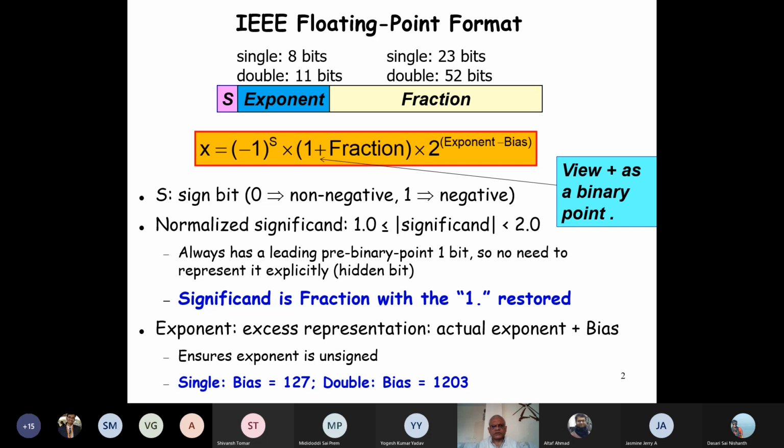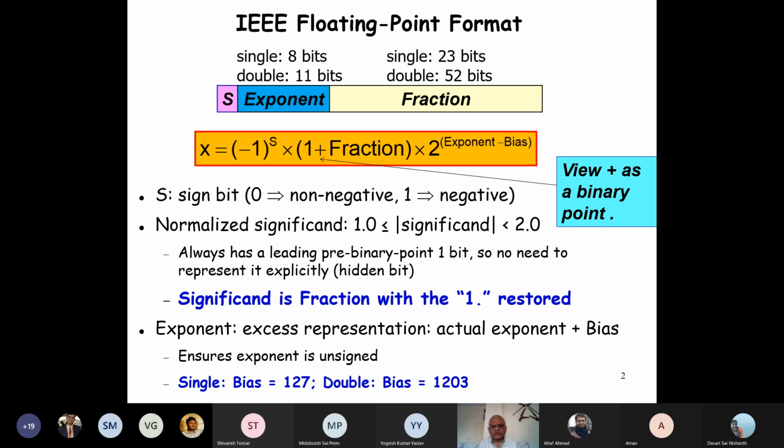The first one is, of course, the sign bit. Depending on whether it is 0 or 1, it will be +1 or -1. And then we need to have this representation in a normalized form, 1 point some fraction, and then 2 to the power exponent minus bias. It's a biased representation, we'll just see that.